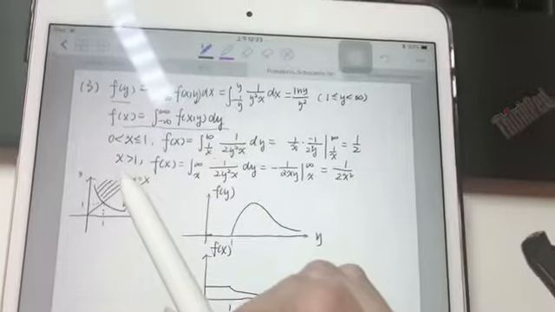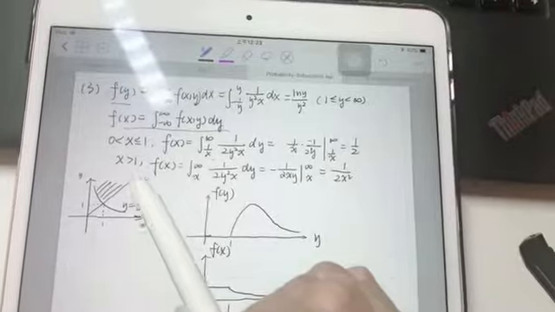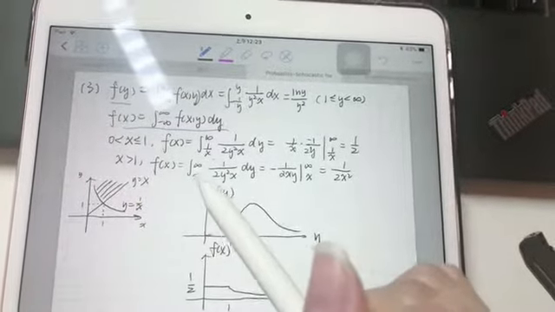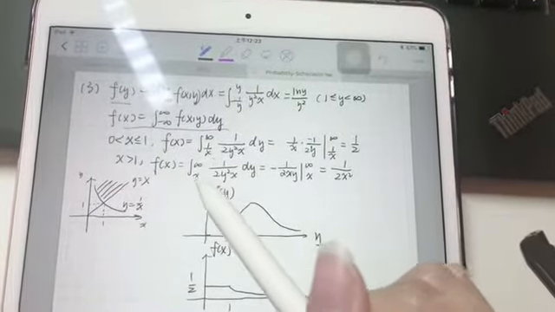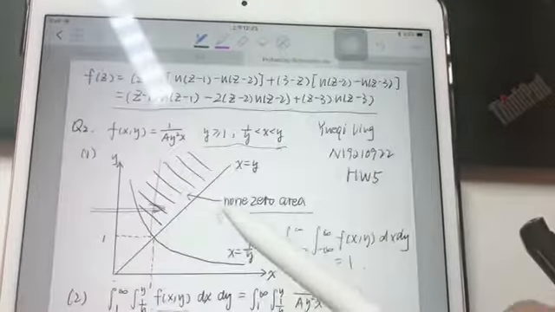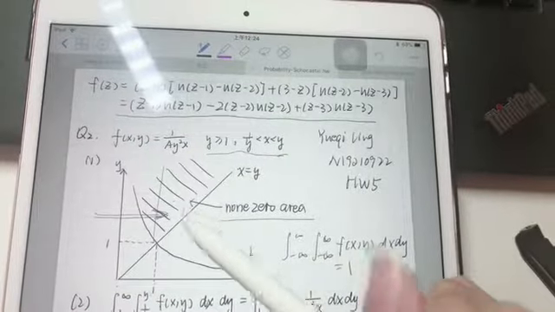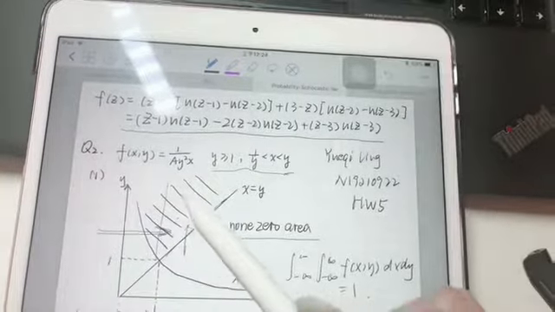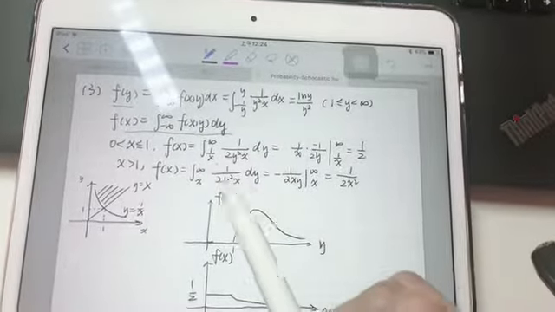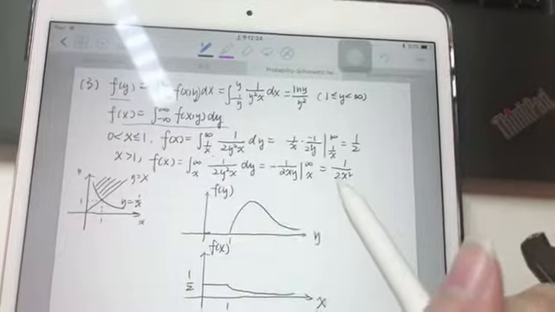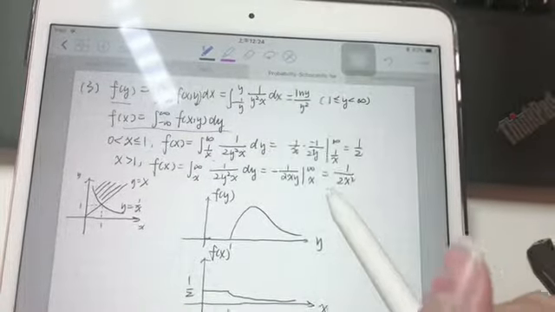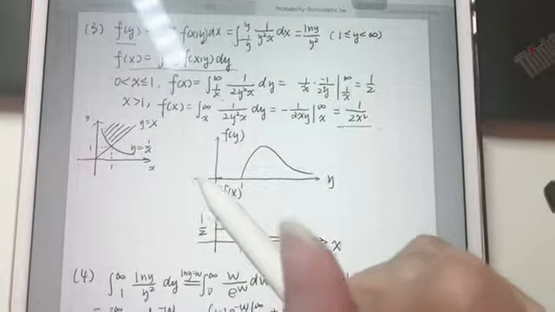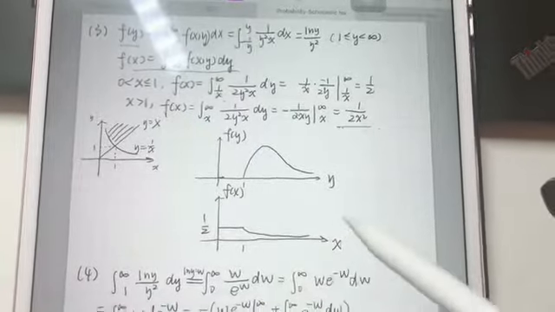Similarly, when x is larger than 1, f_X equals the integral from x to infinity, that is y is between x and infinity, of f(x,y) dy. Calculating it, we can get the final answer, and then we draw the figure of these two functions.